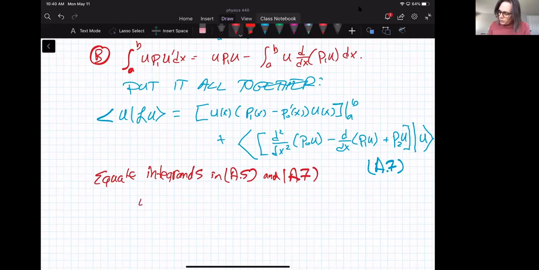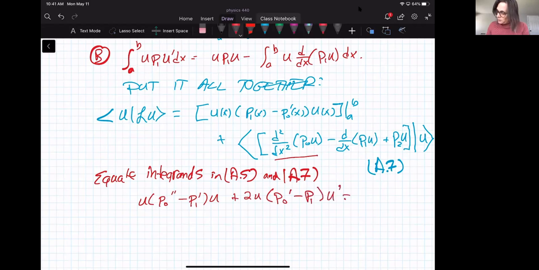And what you end up with is u times p naught double prime minus p1 prime u. That is, you take this and you take two derivatives of that and chain it out. Right? That's where all of this is coming from. Plus 2u times p naught prime minus p1 u prime. And that all has to be equal to 0 for those two expressions, A.5 and A.7, to be equivalent.